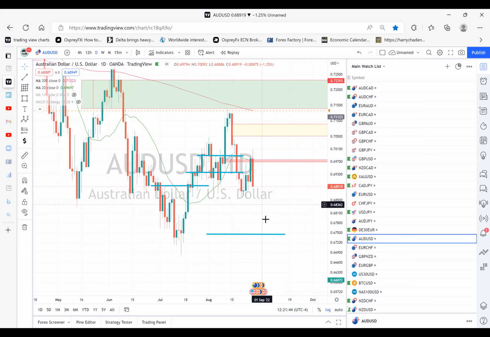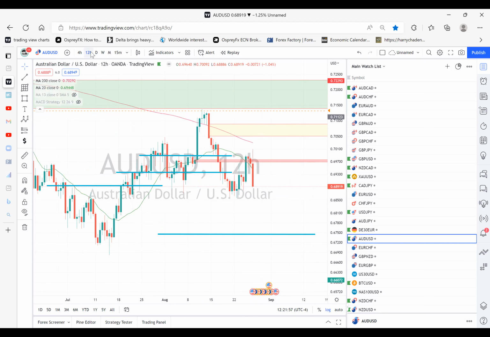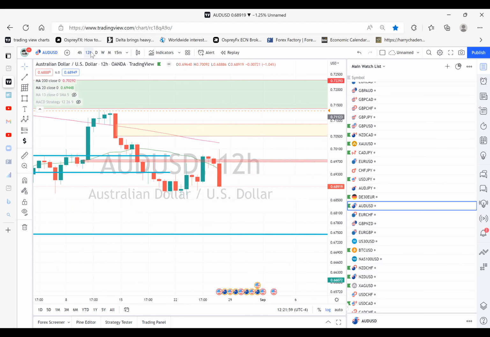When we get into this pair, I want to trade it at least down to these lows right here. So we can bolo AUD USD.